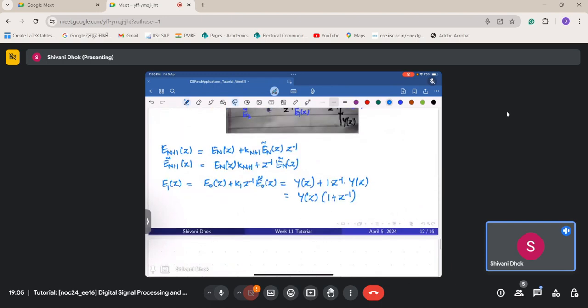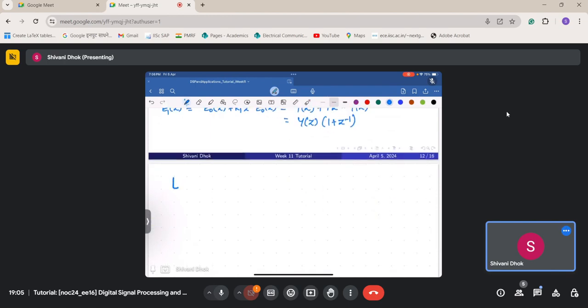So from this equation which we just wrote, E2 of z, which indeed is equal to x of z, comes out to be equal to E1 of z plus K2 z inverse into E1 tilde of z.